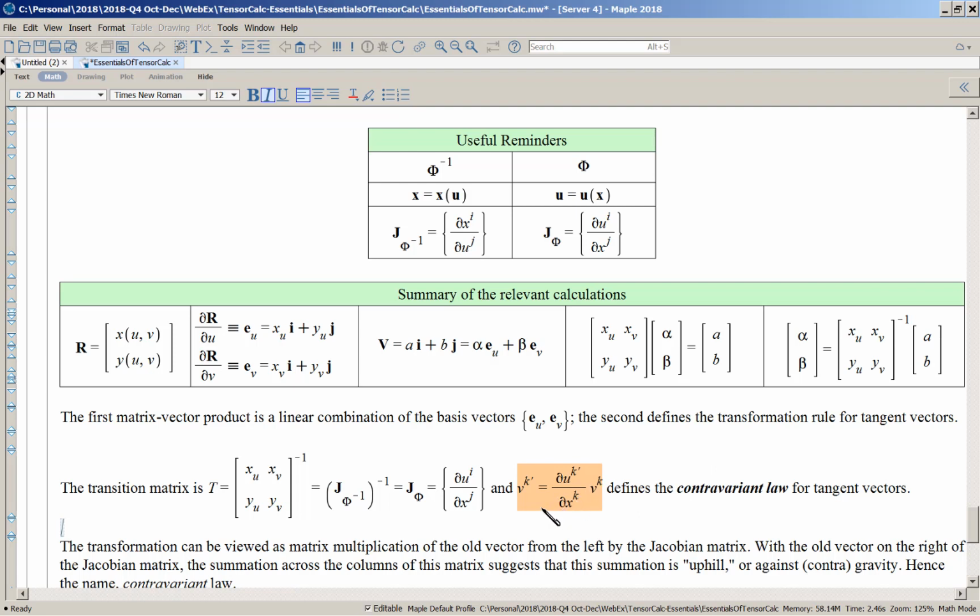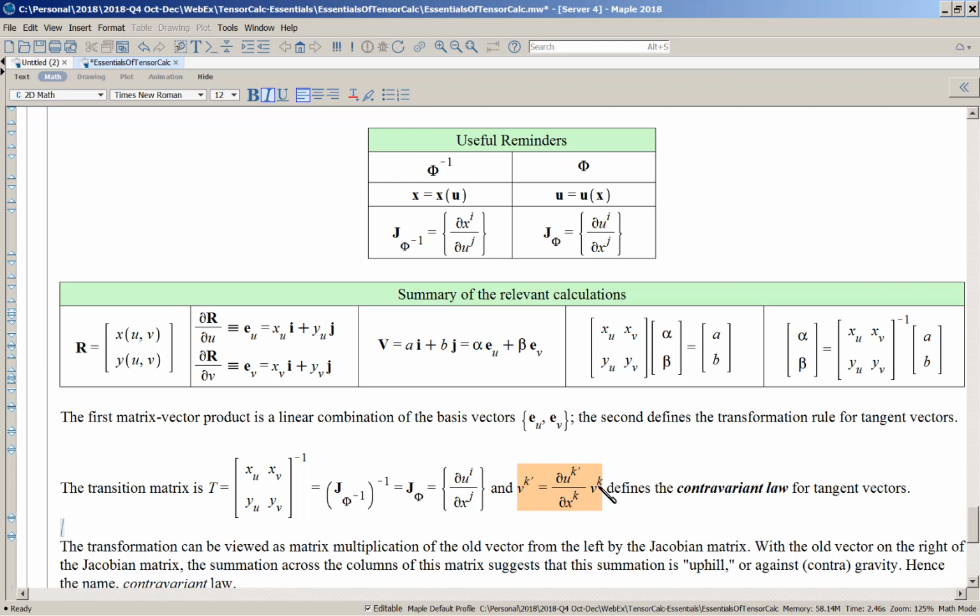Now, my major professor used these primes a lot. Some books will say, just use a different name. Put an i over here. Put an i over here. But there are cases where you run out of letters. And so the use of the prime means this is just a different index.